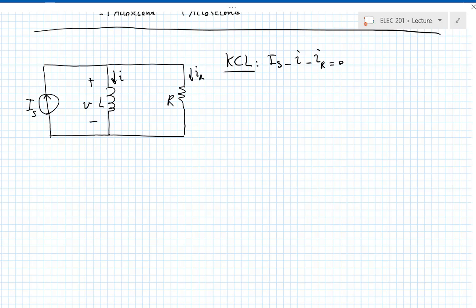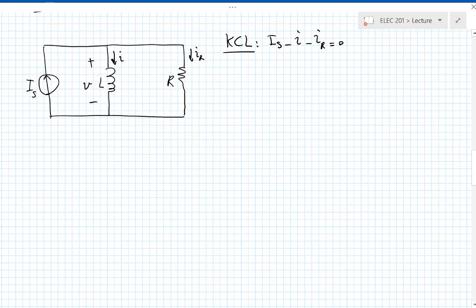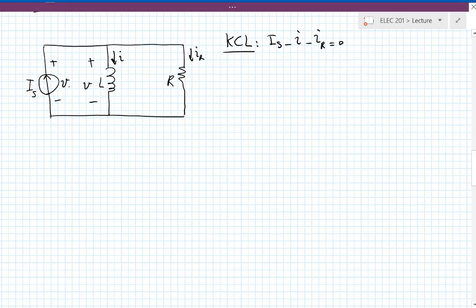Okay. So now I just want to write it down mathematically, to be a little more formal. So KCL tells me this, and KVL tells me that Vs and VR will eventually be the same as V. Minus Vs plus V equals 0, minus V plus VR equals 0.